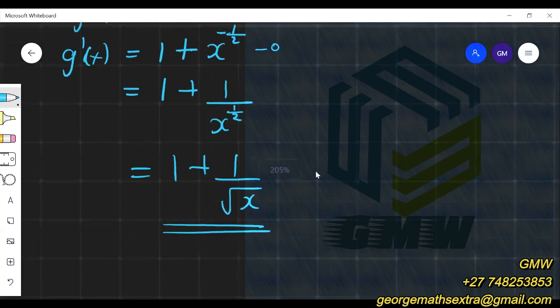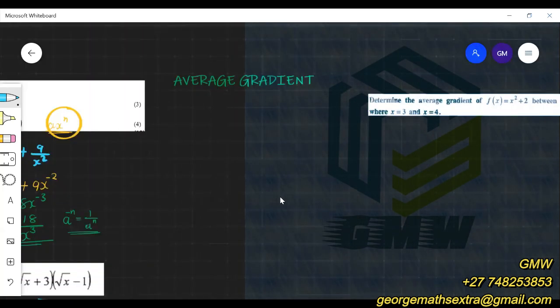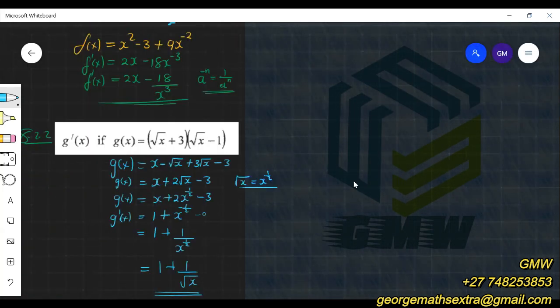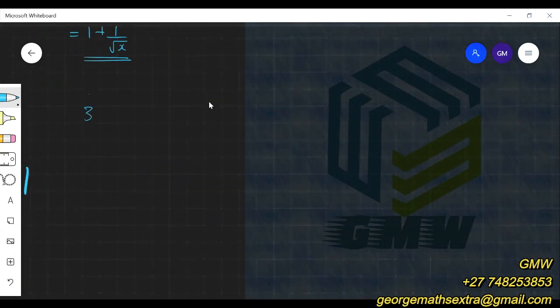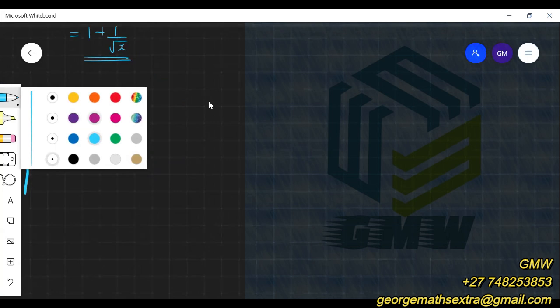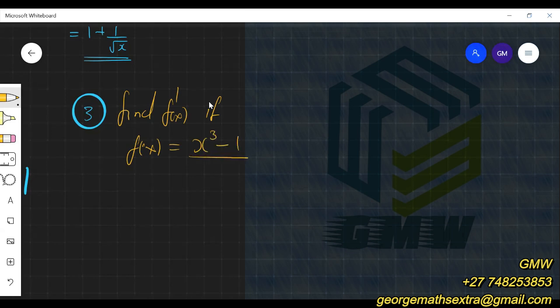Now that you are smiling, let me give you another one. This one will take us back to grade 10. Find f prime of x if f of x is equal to x cubed minus 1 over x minus 1.